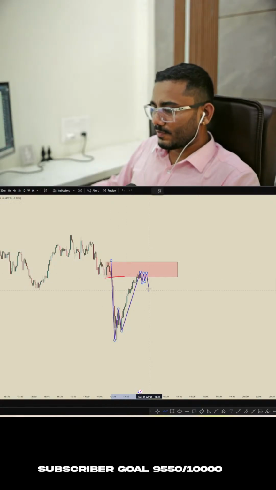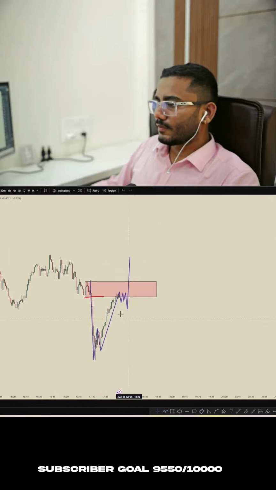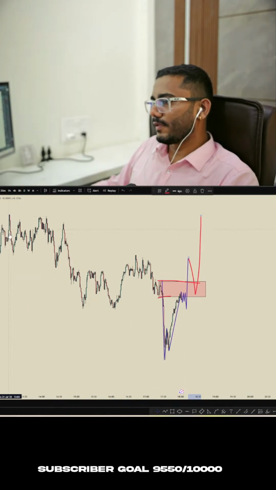This order block will push price to the downside, which will create a new liquidity setup, and again price will break this area. So this is where we can look for our sell entry and multiple entries to the upside.